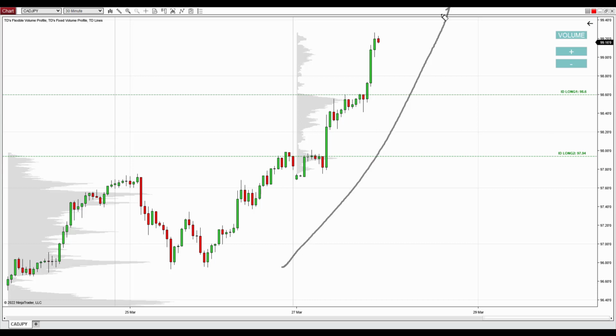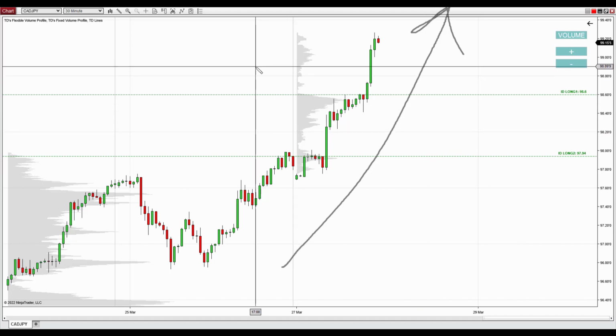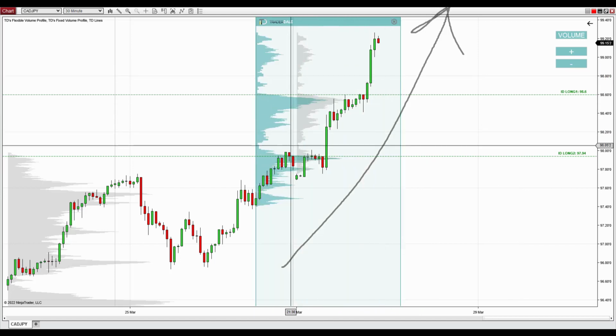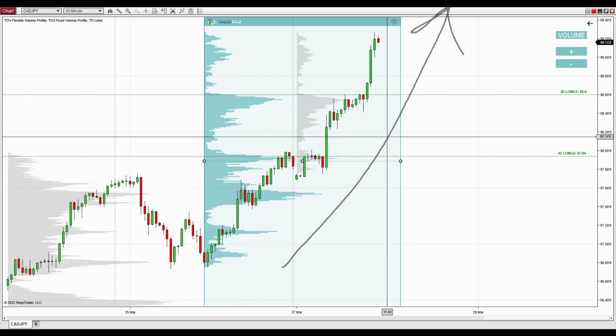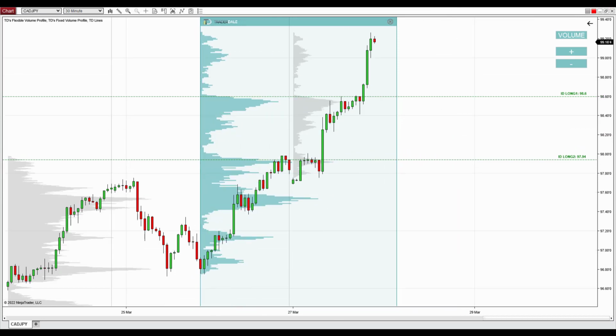Again, we have a strong uptrend and we will want to see significant volume zones within that uptrend. You can also look at it like this, it doesn't really matter. In both cases, it will point you to significant volume zones, this one, and then the next one is this one.